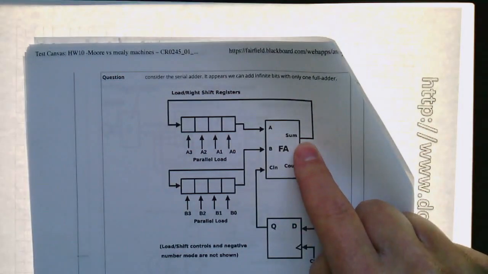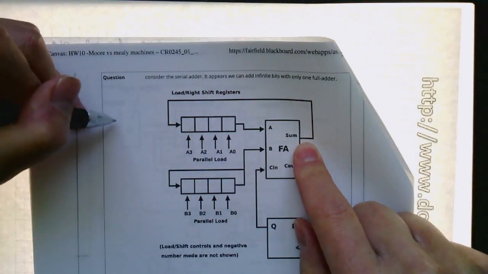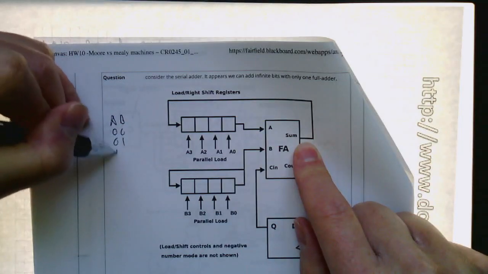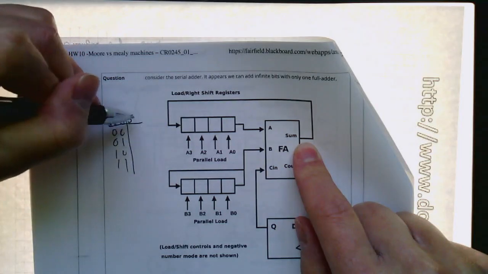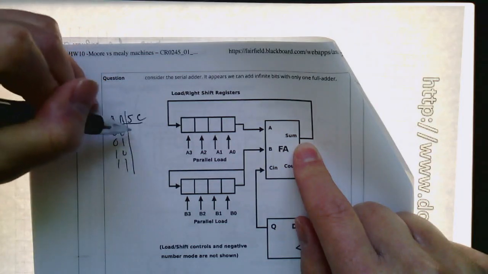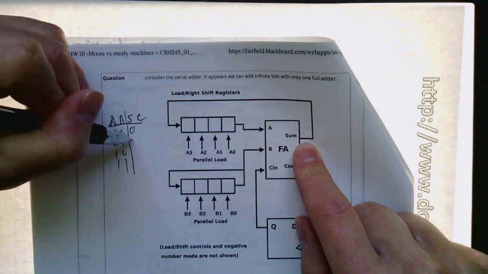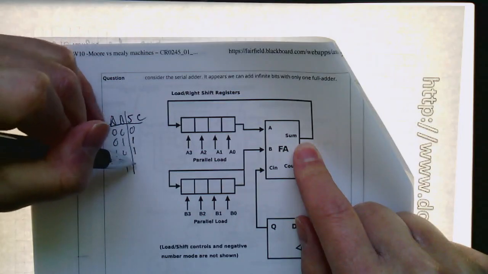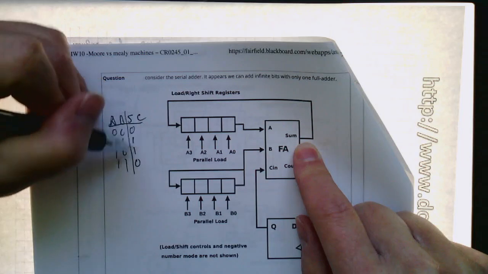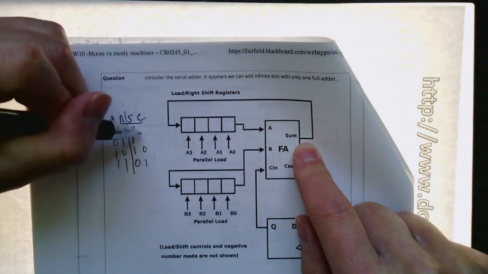If you think about it, A and B can form a truth table, 0 0, 0 1, 1 0, 1 1, and the output is a sum and a carry. And the sum is the exclusive OR, 0 1 1 0, and the carry outputs like this.